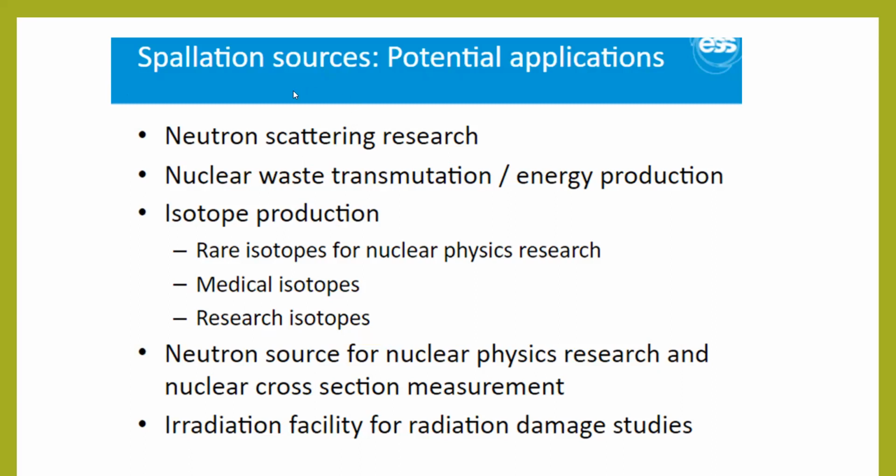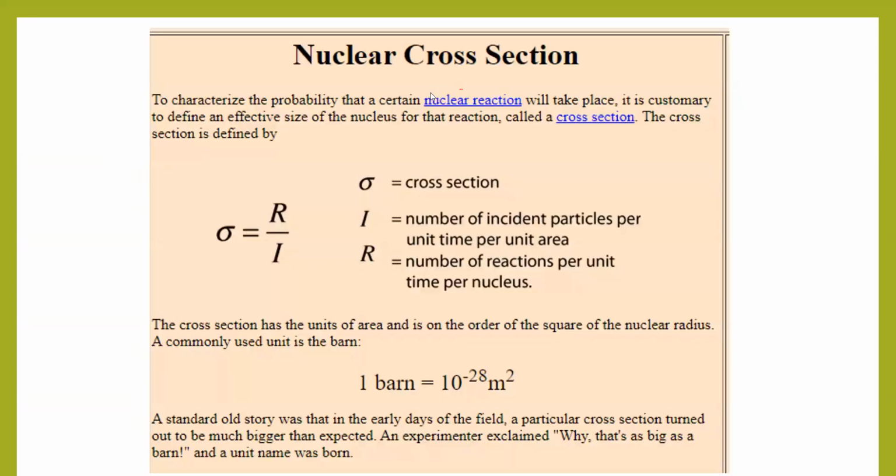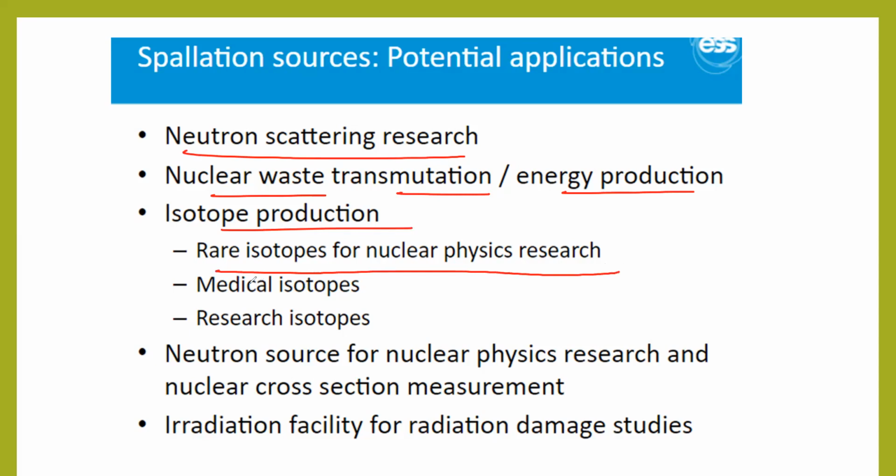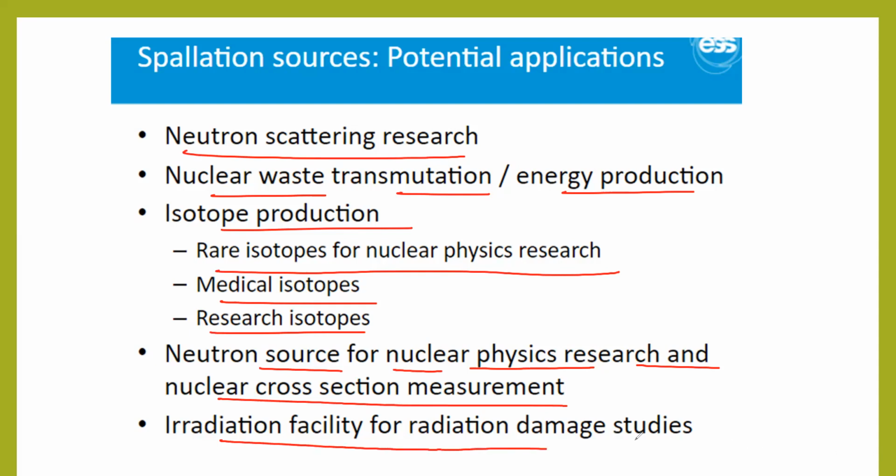So what the spallation sources and potential applications are, we have to understand. Okay, so it is applicable to neutron scattering research, nuclear waste transmutation, energy production, isotope production, rare isotopes for nuclear physics research, medical isotopes, research isotopes, neutron source for nuclear physics research and nuclear cross-section measurement, and irradiation facilities for radiation damage studies.